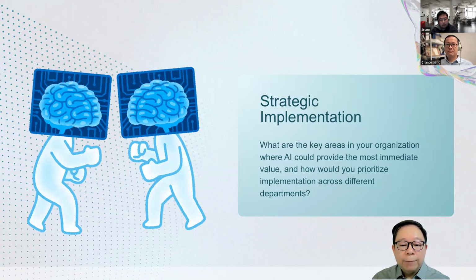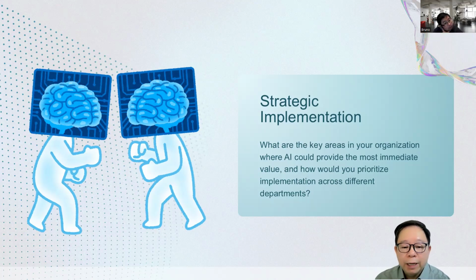So the question is: what are the key areas in the organization where AI can provide the most immediate value once you automate with AI? And how are you going to prioritize the implementation across the different departments? I hope this question is clear.